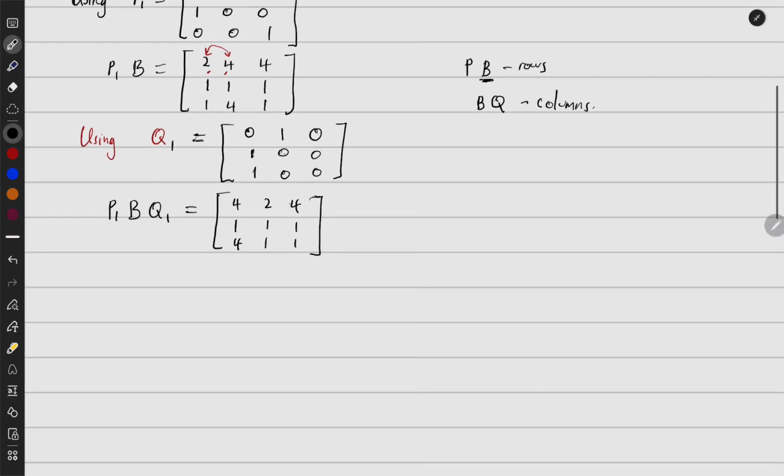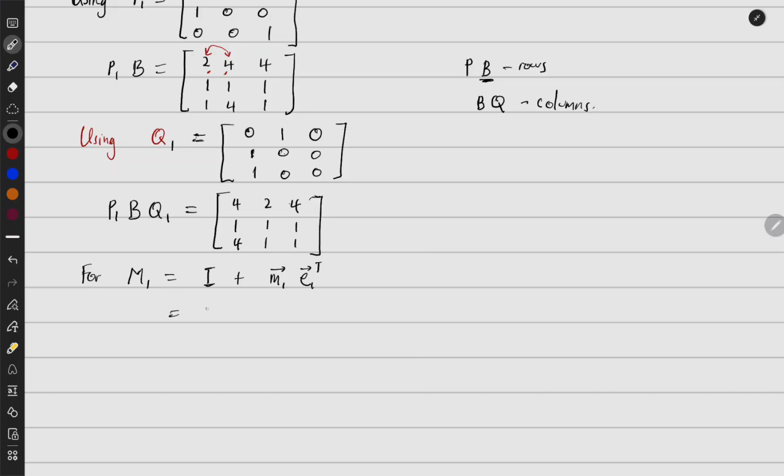After getting that, we have to calculate M. Let's say my M1. M1, just as we did in the previous video, is given by I plus M1 times A1 transpose.